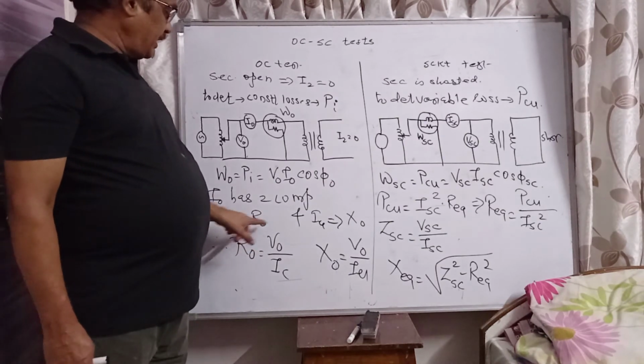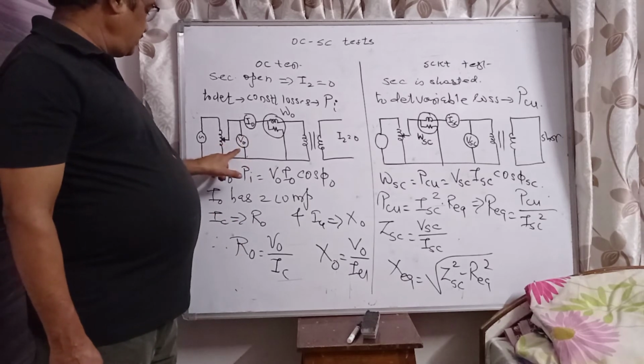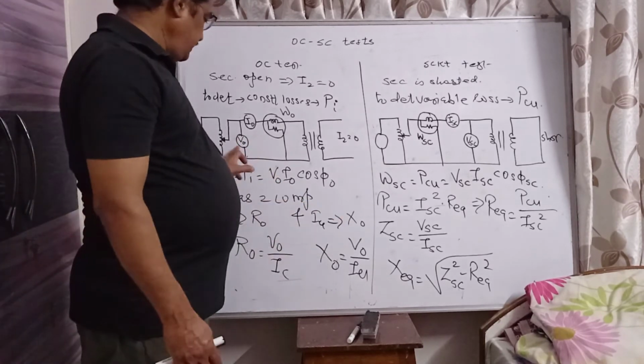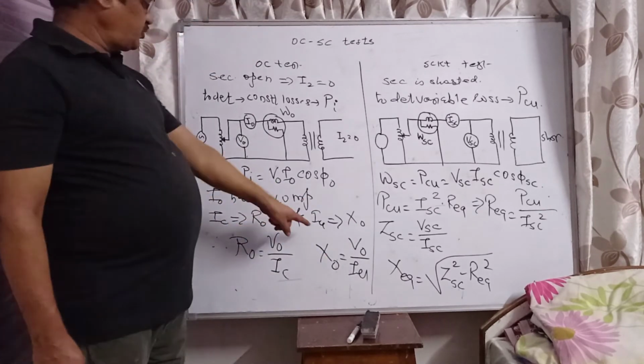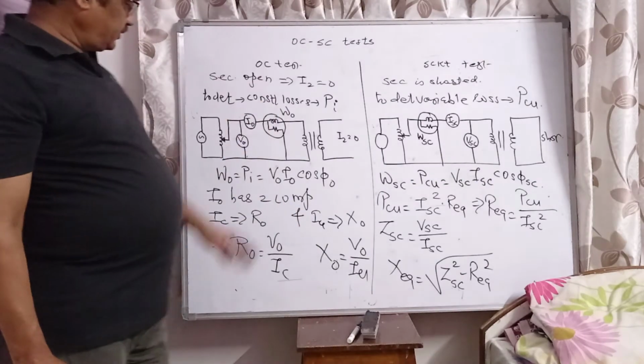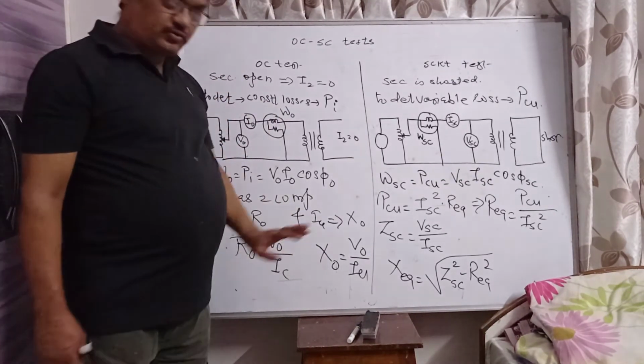So we have to calculate R0 and X0. R0 is voltage upon IC and X0 is voltage upon I mu. That is the core loss component current, and this is the magnetizing component current. So two parameters, R0 and X0, are calculated by the open circuit test.